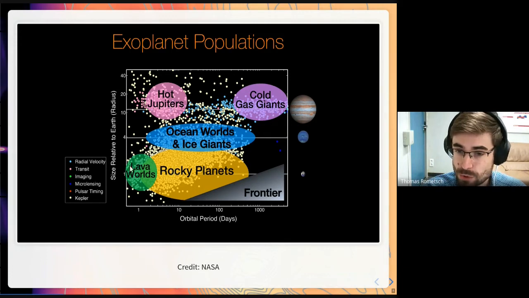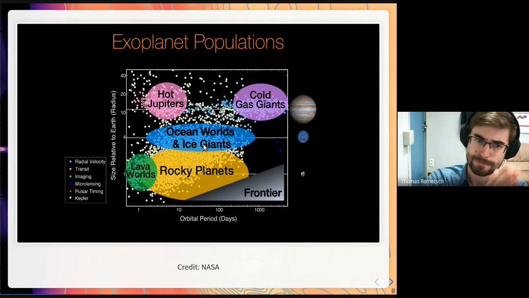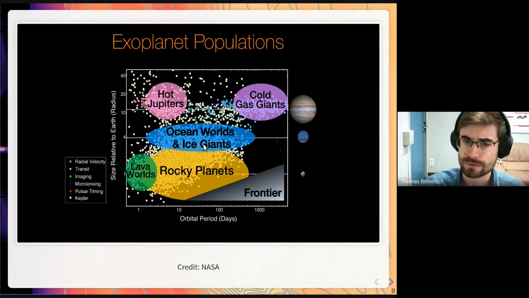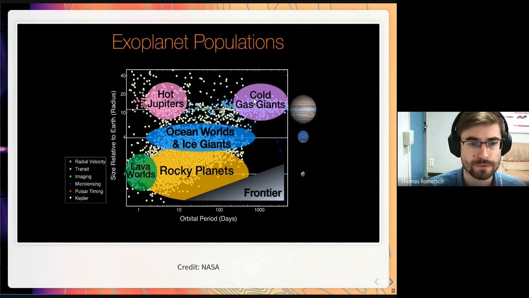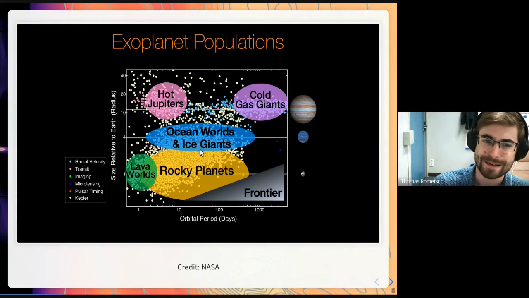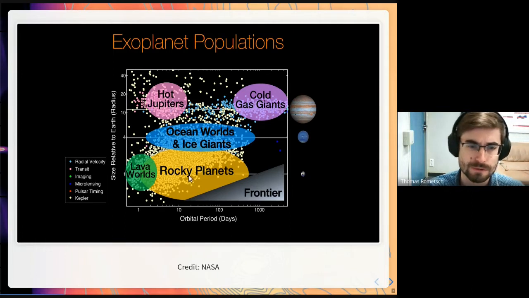We have lava worlds, rocky planets, ocean worlds. The further you go away, the cooler it gets. So we have hot Jupiters close to the star and cold gas giants, or cold Jupiters, far away from the star. My colleague Tobias Moldenhauer also talked at some point about the atmospheres of Neptune-sized or Earth-sized planets, and how recycling happens there.